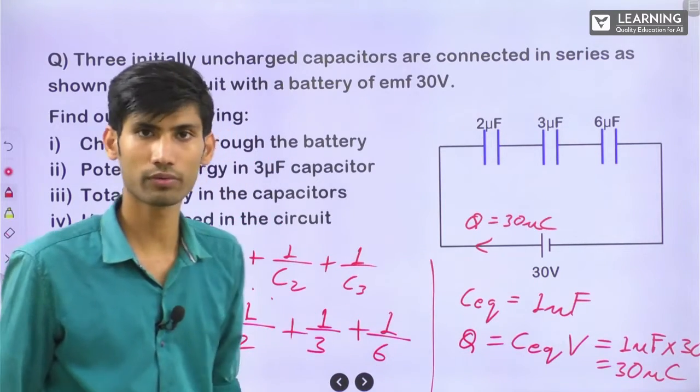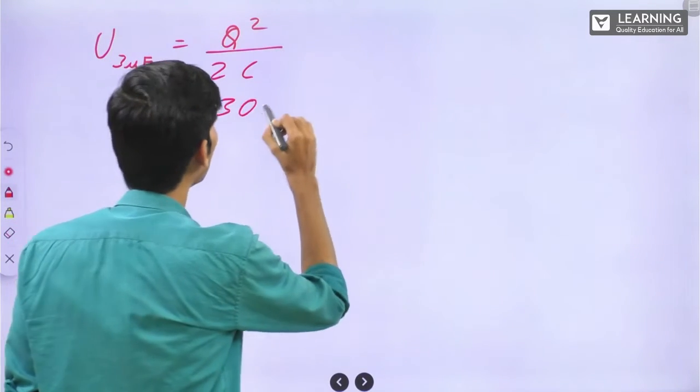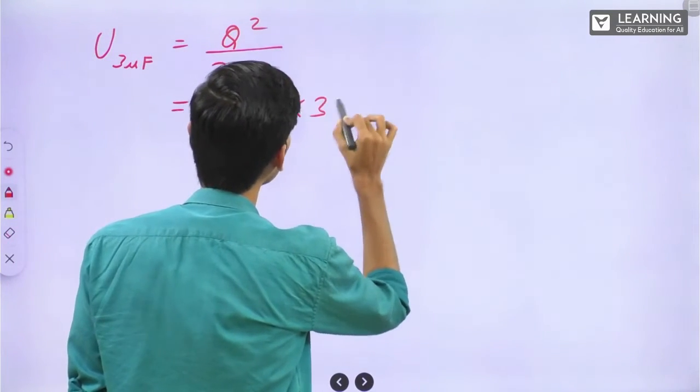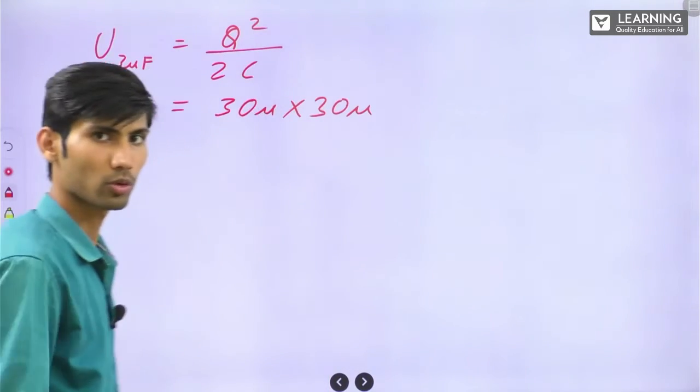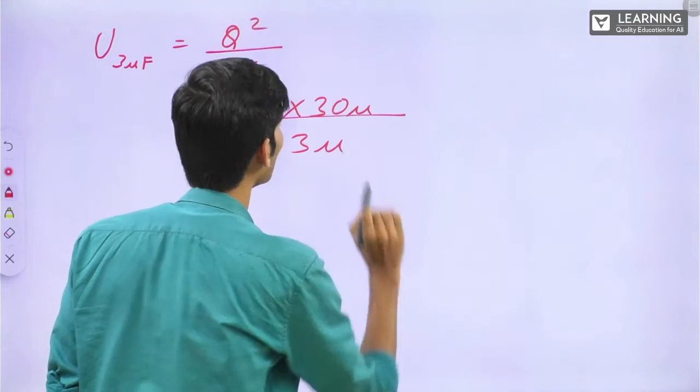The same charge will go from here. So this is also having this Q charge, that is 30 micro into 30 micro coulomb, divide by 2 into 3 micro farad.